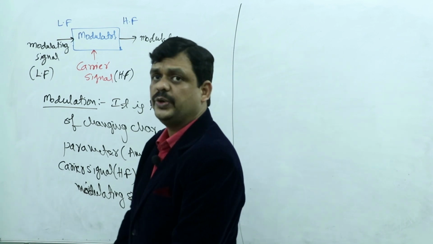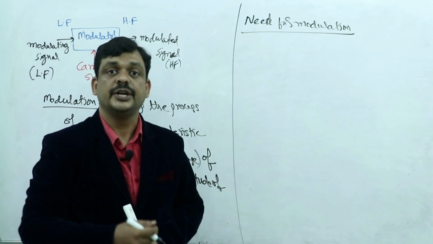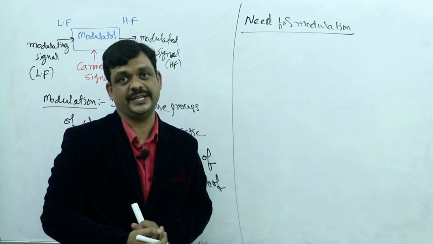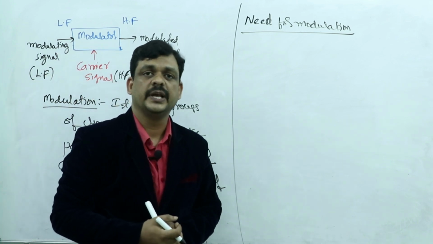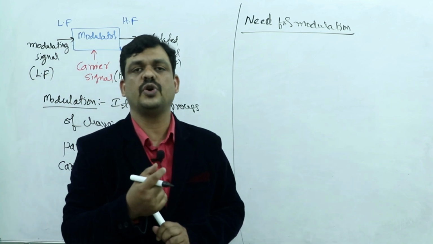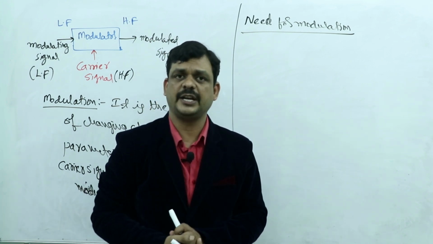Right? Now we have to discuss the necessity of modulation to transmit up to a long distance. See, I have already explained one example. A person wants to go up to 1 kilometer, so transportation is not required.